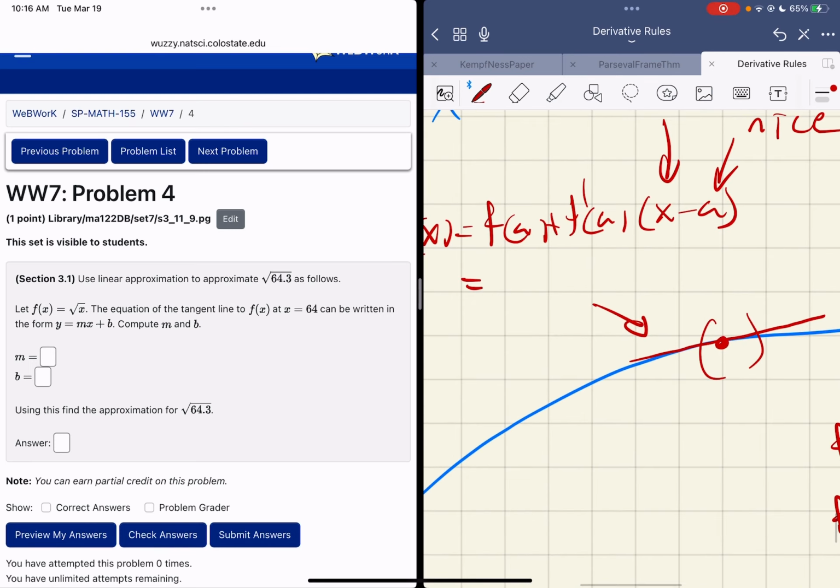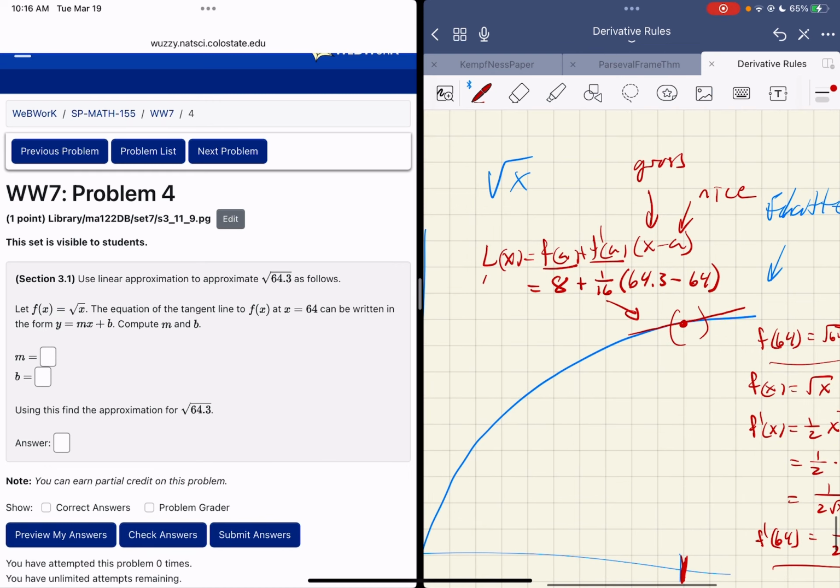So the linear approximation, this was f of 64, it's 8, plus f prime of 64, that's 1/16. And now x, my x value is 64.3, and my a value is 64. Okay, and this is L of 64.3. Okay, right? I've plugged in x, it's 64.3.